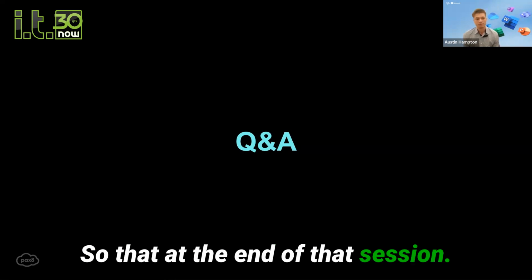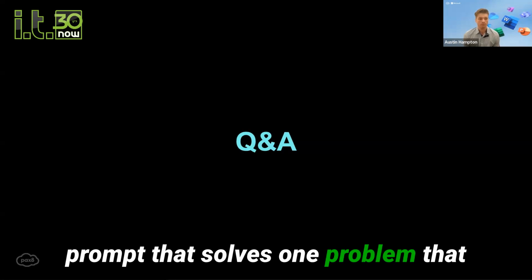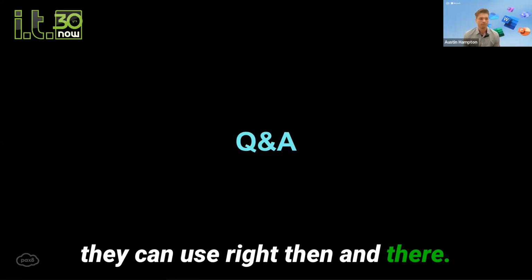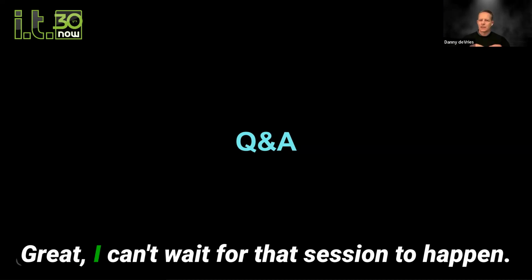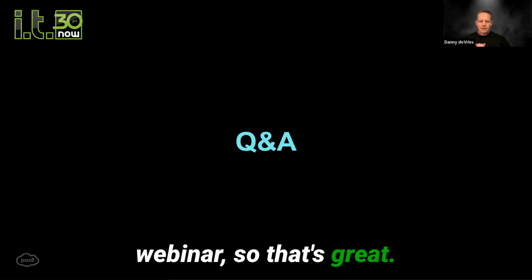So that at the end of that session, everybody leaves with at least one prompt that solves one problem that they can use right then and there. Great. I can't wait for that session to happen. We've planned it for our next webinar, so that's great.